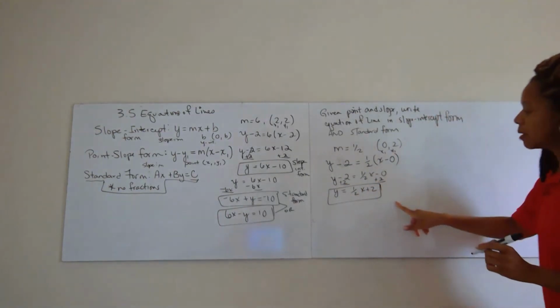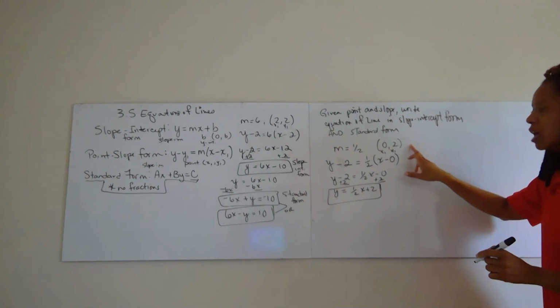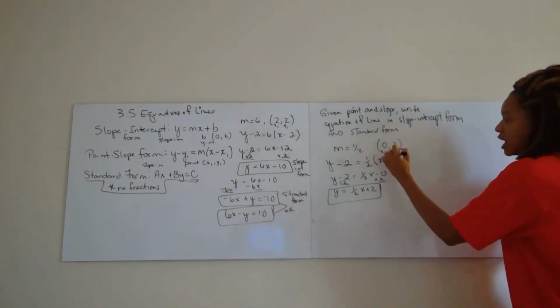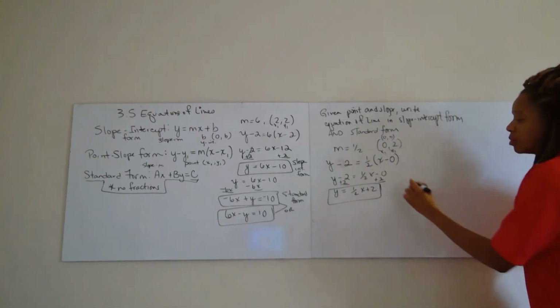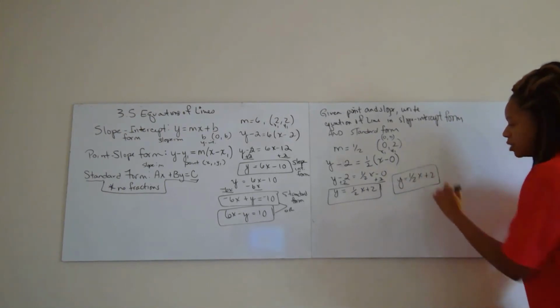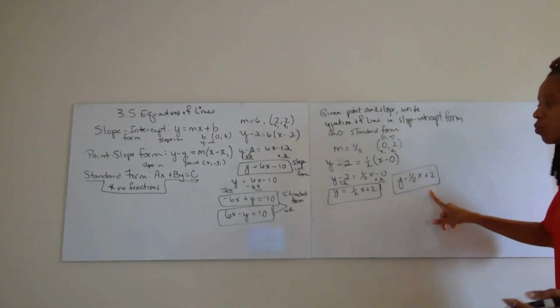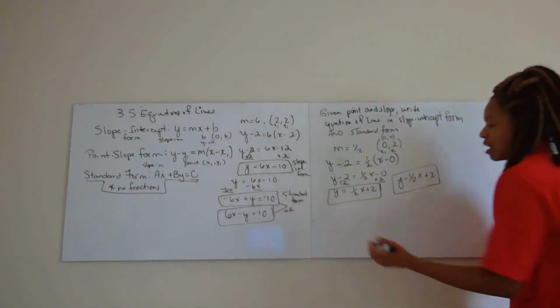So that's slope-intercept form right there, correct? But let's look at the original problem. I could have gotten that on the original problem because I understand that this is also (0, b). This is a y-intercept, which means I could have gone straight to slope-intercept form and put it in the equation. But even if I don't realize that, point-slope form still works, right? Because that's how math is.